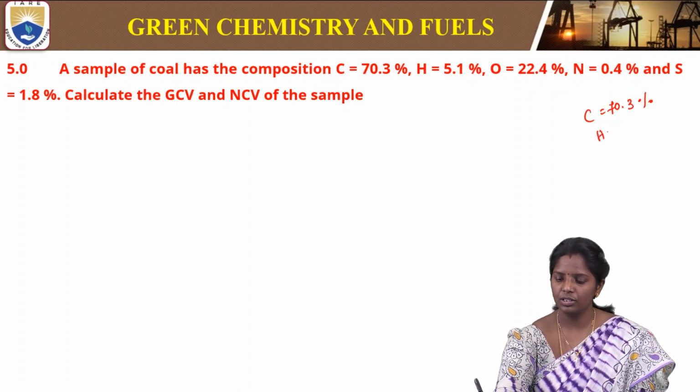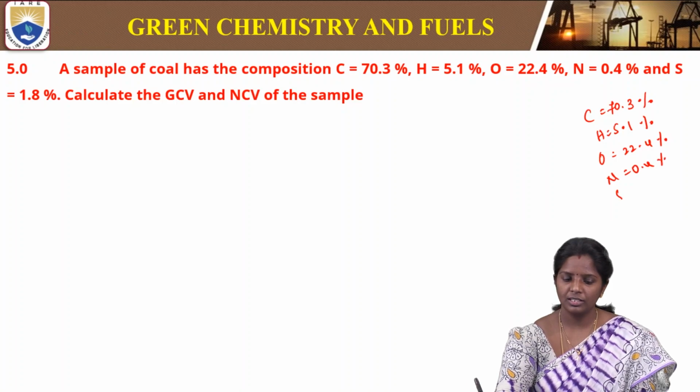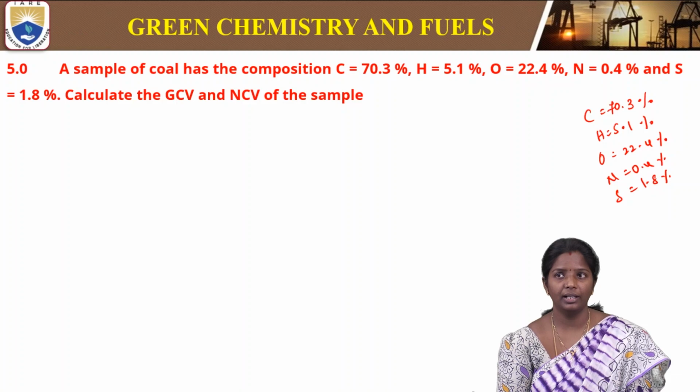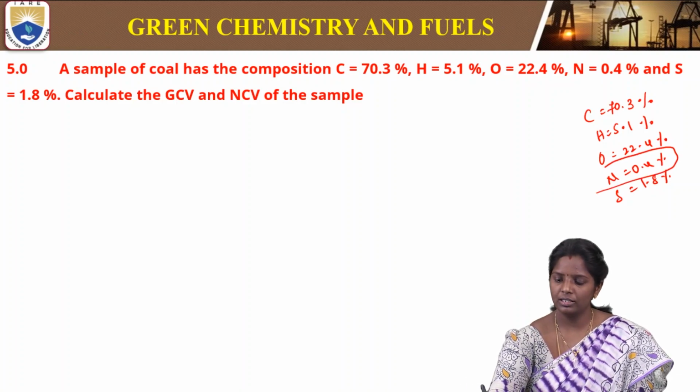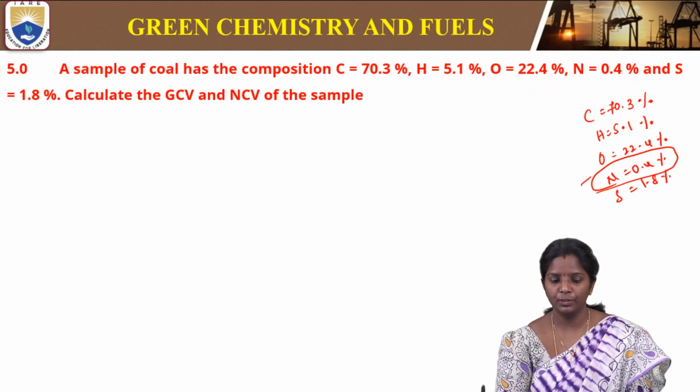70.3%, hydrogen is 5.1%, oxygen is 22.4%, nitrogen is 0.4%, sulfur is 1.8%. Okay, now calculate the gross and net calorific value. So we need not consider the nitrogen because it is not contributing to the combustion.